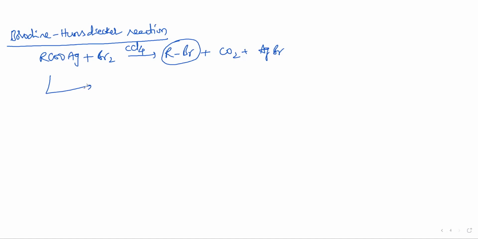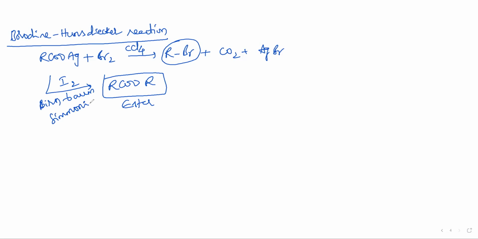Instead of using bromine, if you are using iodine, then you won't get alkyl iodide, but you will get ester. Now this reaction is known as Birnbaum-Simonini reaction. So this is about preparation methods of haloalkanes.